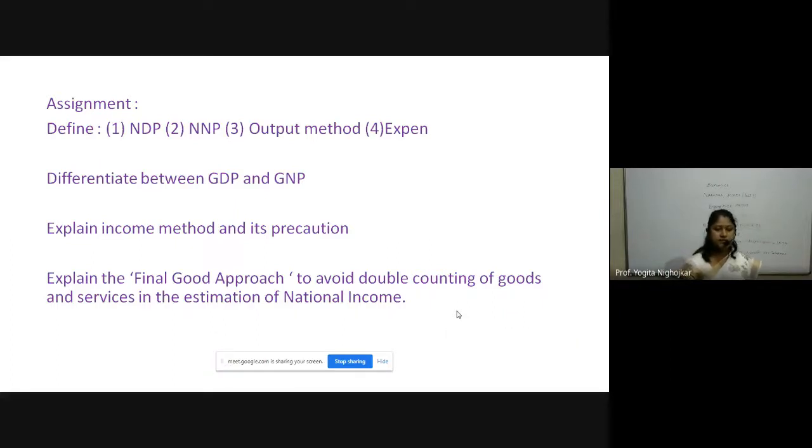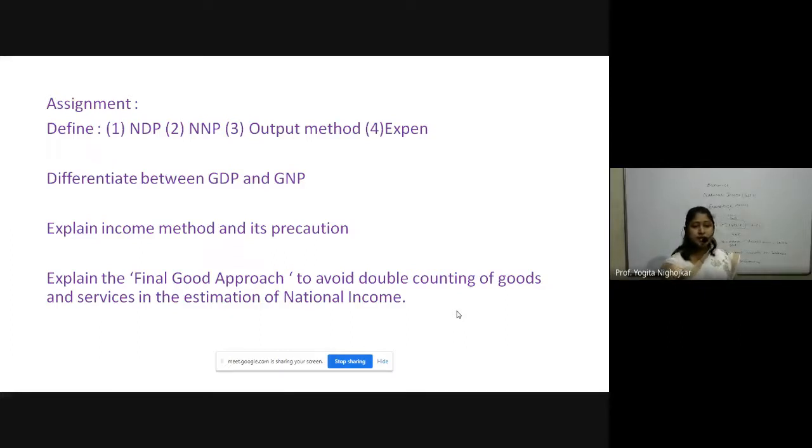Then differentiate between GDP and GNP. What is the formula of GDP? C plus I plus G plus X minus M is the GDP formula, and plus R minus P is GNP. What is the difference between GDP and GNP?